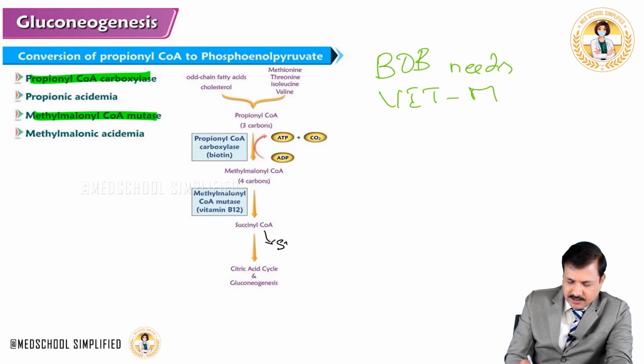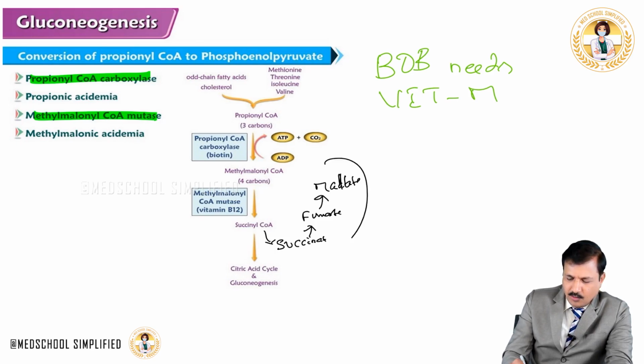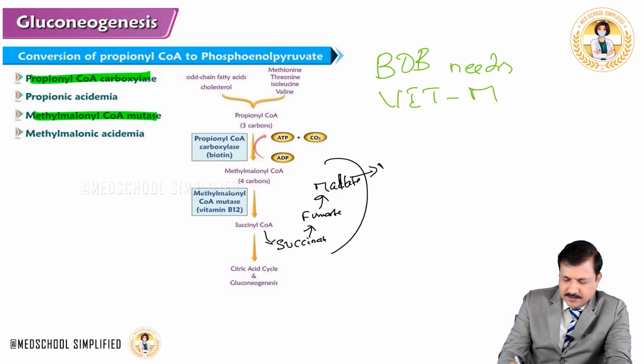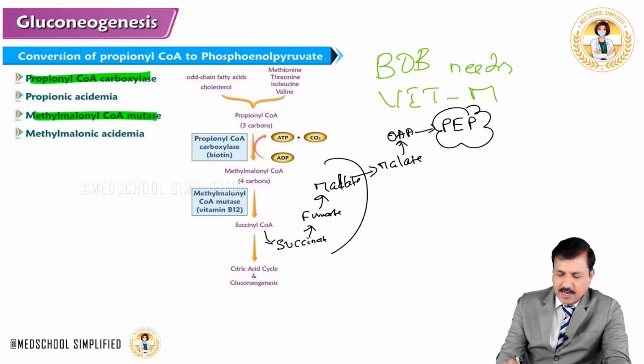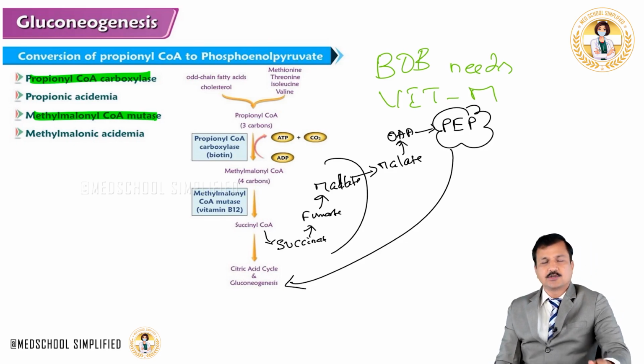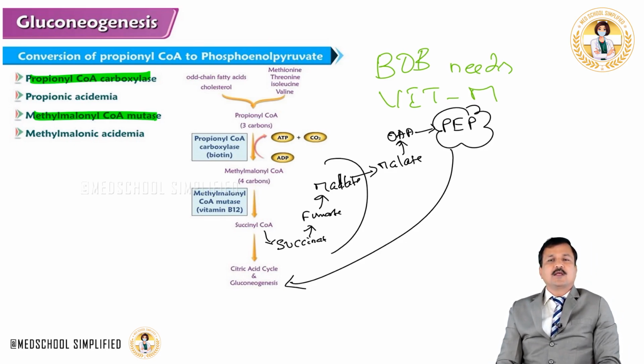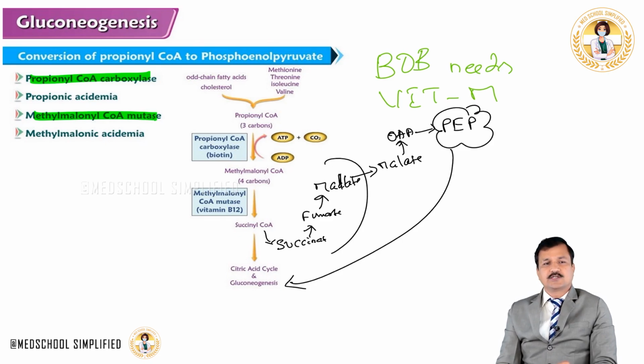Succinyl-CoA is converted to succinate, succinate is converted to fumarate, fumarate is converted to malate, and malate will move out of mitochondria into the cytoplasm, and in the cytoplasm malate is converted to oxaloacetate, and oxaloacetate is converted into phosphoenol pyruvate, and that's where you got phosphoenol pyruvate, and this phosphoenol pyruvate goes into glucose formation by additional reactions in gluconeogenesis.